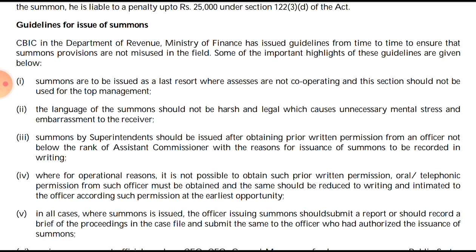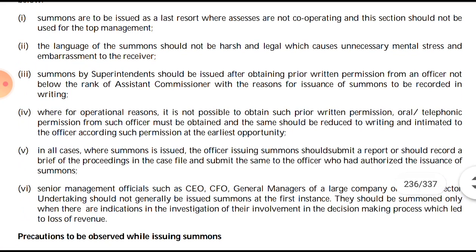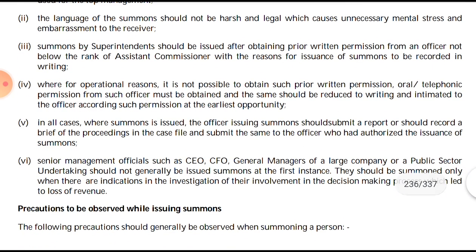If a superintendent is issuing the summons, he should take permission of an officer not below the rank of assistant commissioner in writing, and if that is not possible, oral or telephonic permission, but afterwards it should be recorded in writing at the earliest opportunity. Then after the summons, he should submit a report and a brief of the proceedings in the case file to the authorizing officer.